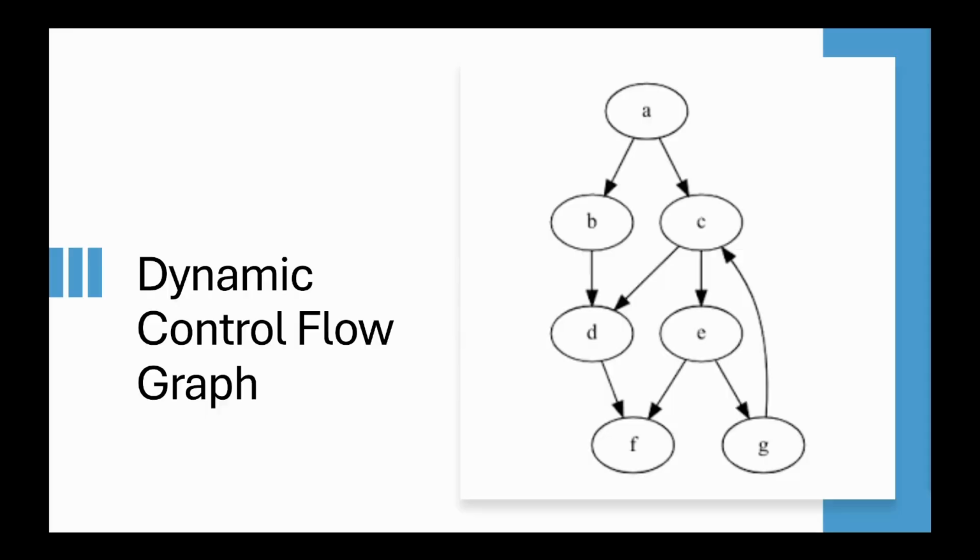The next component is the dynamic control flow graph. Now, this image here is just a generic example, it doesn't necessarily relate to the project. However, directed fuzzers need a control flow graph to estimate how far a program execution is from a target.